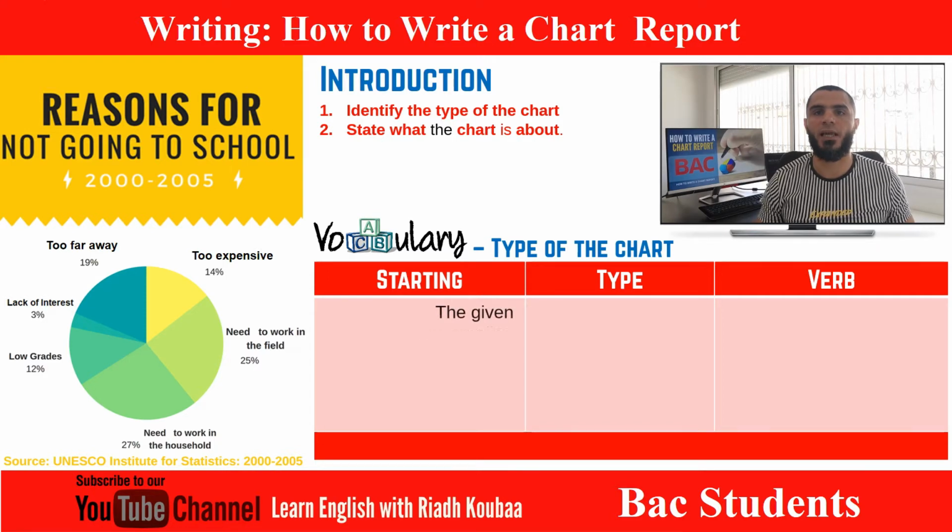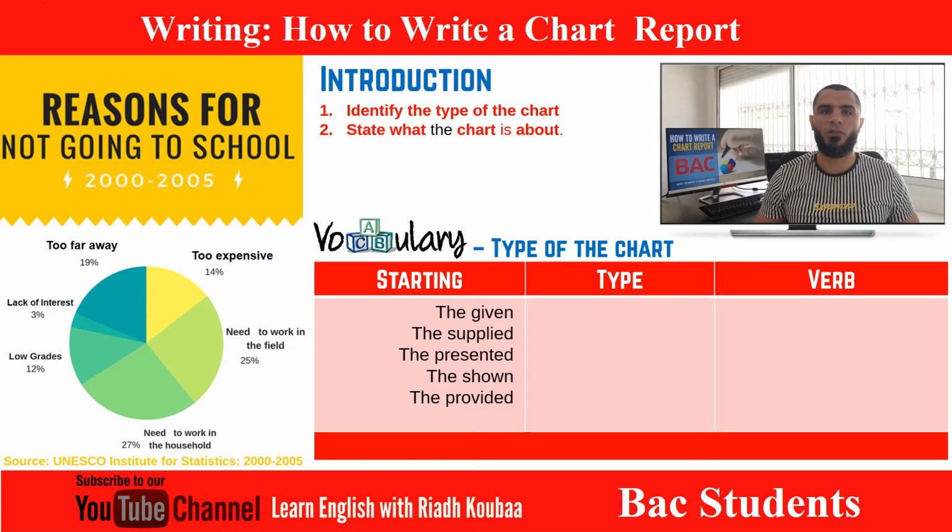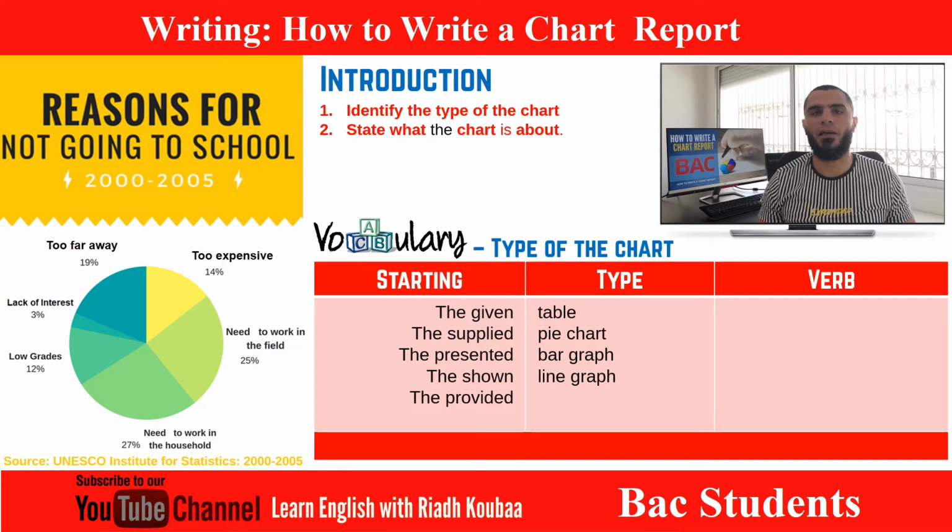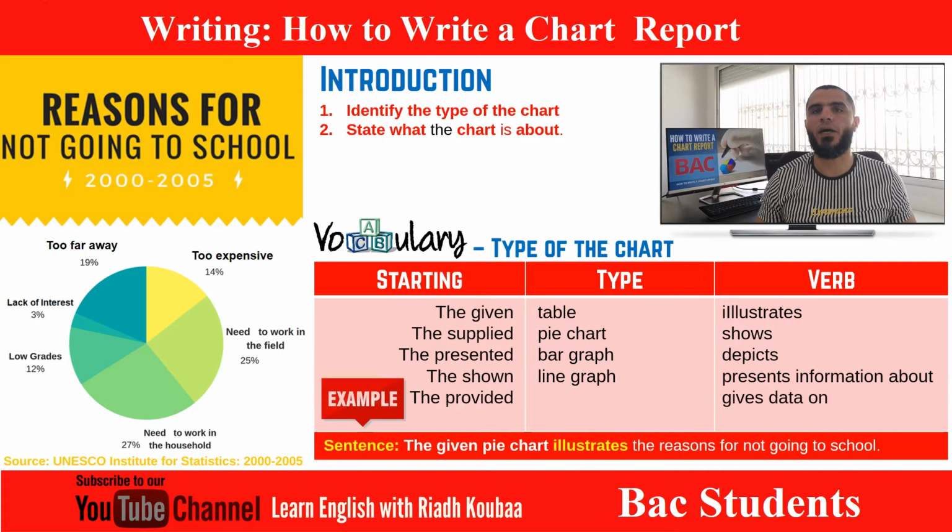For example, you can say the given, the supplied, the presented, the shown, the provided to start your introduction. Then you should identify the type of the graph, which can be a table, a pie, a bar graph, or a line graph. Then you use one of these verbs as illustrates, shows, depicts, or presents information about to identify the content of the graph.